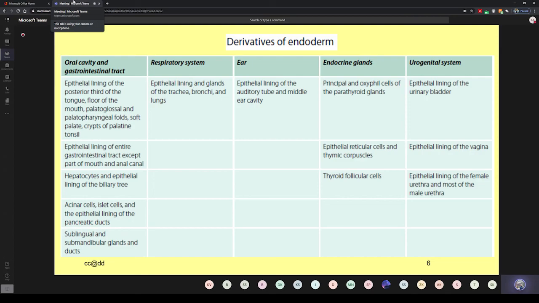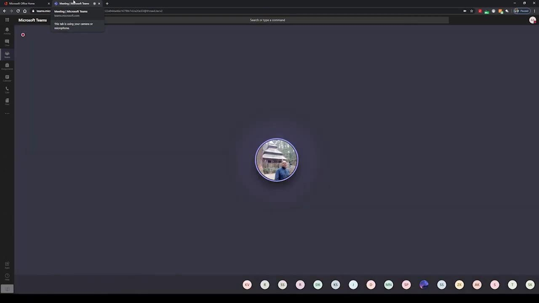So paraxial mesoderm, musculoskeletal system, intermediate mesoderm, genitourinary system, lateral plate mesoderm, the body wall cavities, and finally the endoderm. What is it about? It is about the gut tube, the respiratory tube. So with this, I'll stop the presentation.